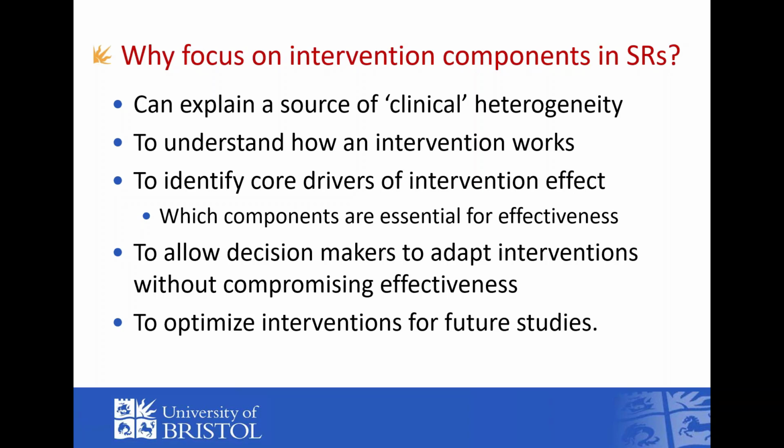But dismantling interventions into their constituent parts can also be useful for recommendations arising from a review and for future implementation of interventions. For example, thinking about intervention components can help us to understand how the intervention works.